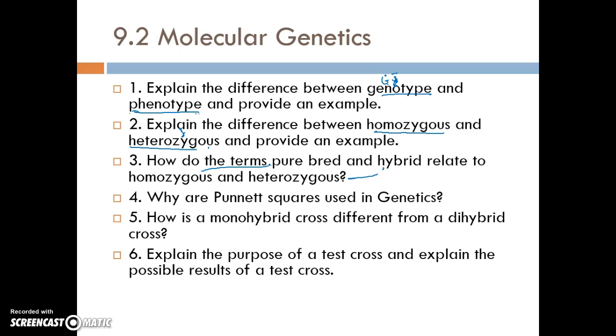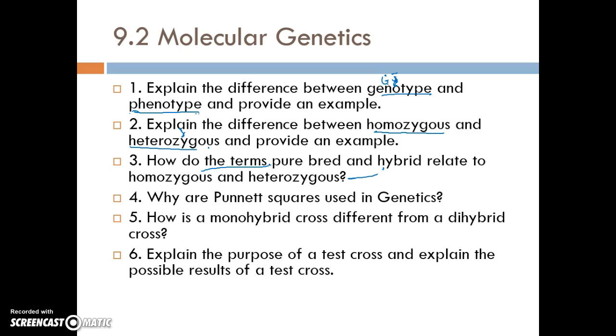And so you always, always, always cross in a test cross. You always cross your unknown plant, whatever it might be, with a recessive for that trait. The reason we cross it with a recessive is we know what a recessive genotype is, and we know that that recessive genotype is going to be 2 little letters.